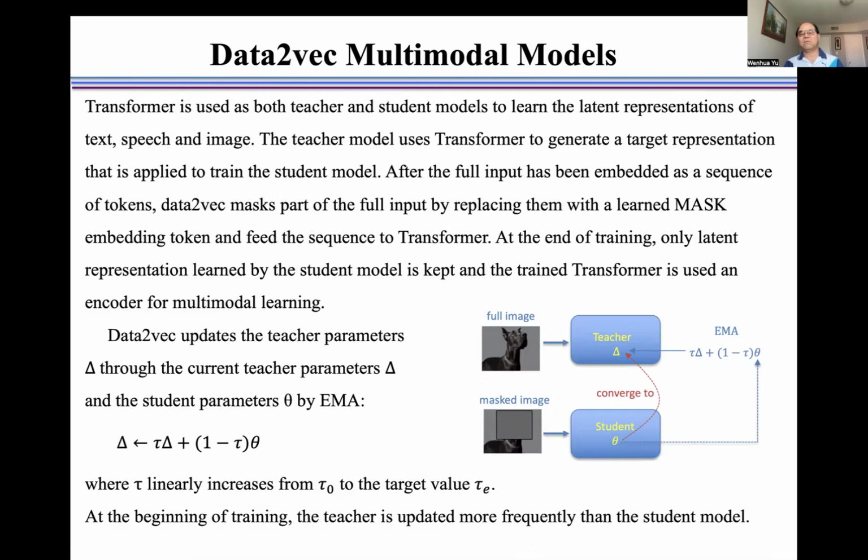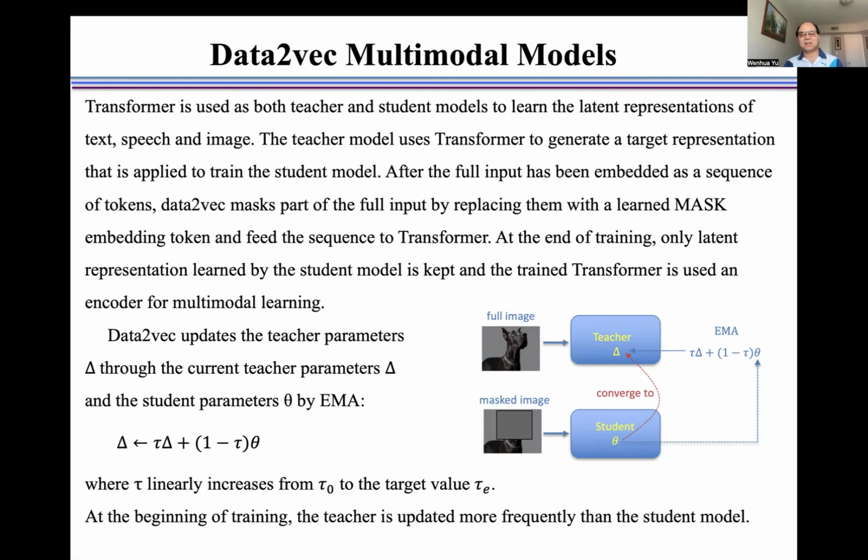After the full input has been embedded as a sequence of tokens, Data2vec masks a part of the full input by replacing them with the learned mask embedding token and feeds the sequence to transformer. At the end of the training, only the latent representation learned by the student model is kept, and the learned transformer is used as an encoder for multimodal learning.